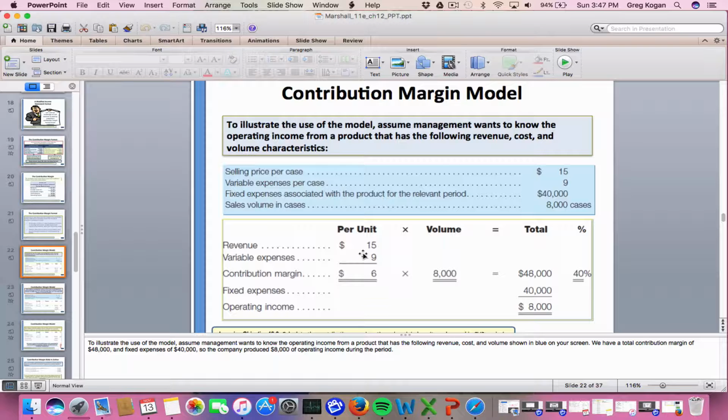Say we're making 15 bucks per unit, variable expenses are 9, so we have $6 of contribution per unit. We have 8,000 of these units out there, so 48,000. That is what's available. Now fixed expenses are 40,000, so the contribution margin is 48,000, and we're looking at 8,000 of income.